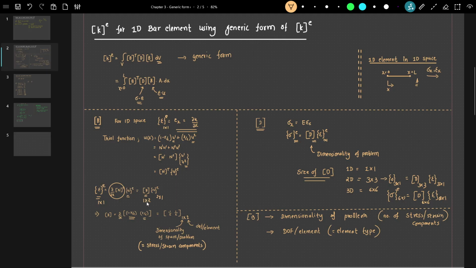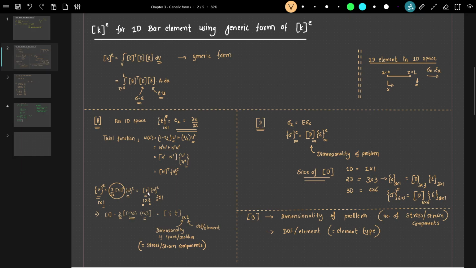So if you notice, the 1 comes from strain, the number of strain components, which is 1. So the first dimension of B is 1, whereas the second dimension comes from the displacement vector size. So this is 2, which is basically the degrees of freedom per element.